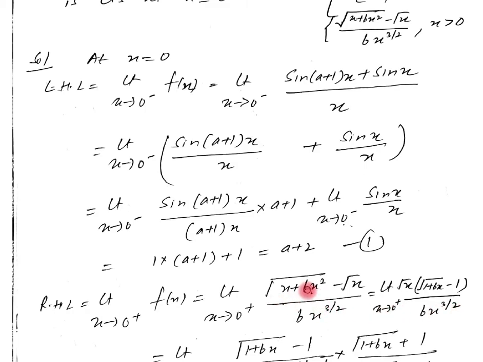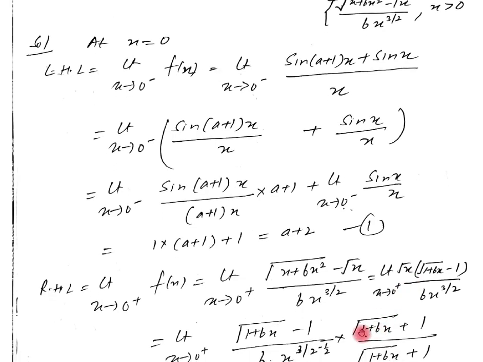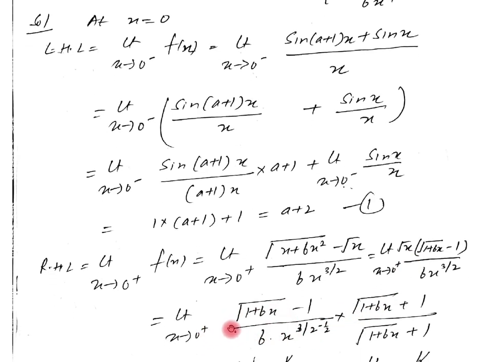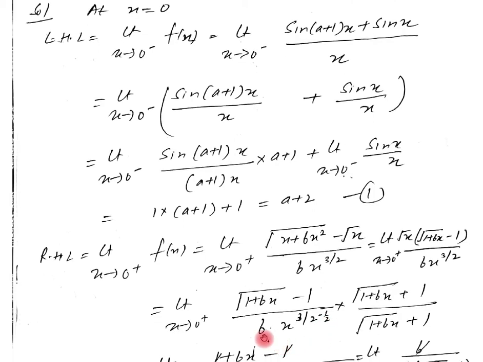The main point is here, from both the expressions we are taking under root x common. Now here when you take it common and collect the terms, it is under root 1 plus bx minus 1 in the numerator, and in the denominator b, x raised to power 3 by 2. Just this under root x can be taken in the denominator by collecting the same terms. The power should be subtracted. So it can be written as b into x to the power 3 by 2 minus 1 by 2. So it becomes b into x.